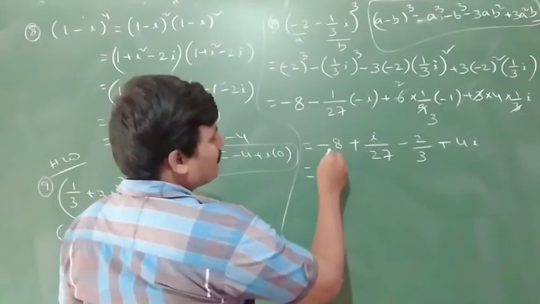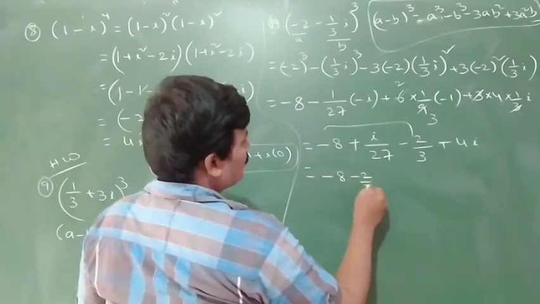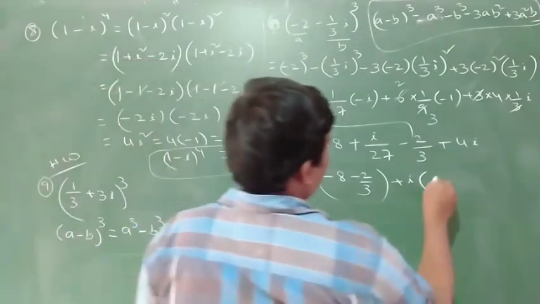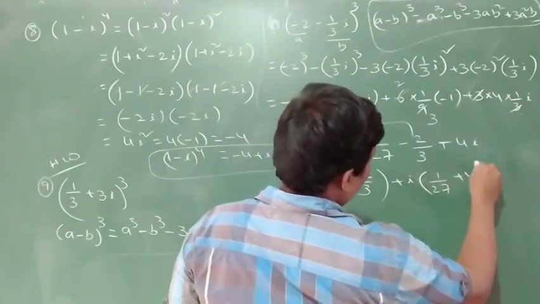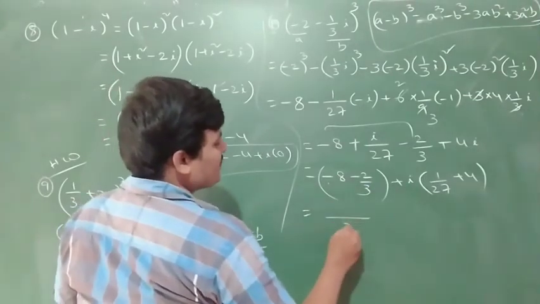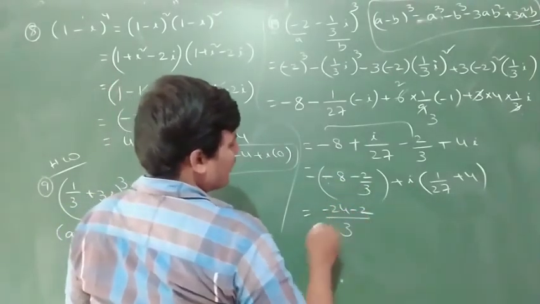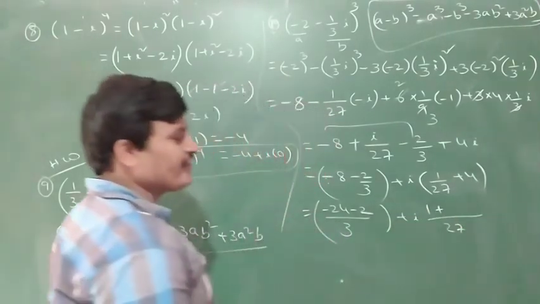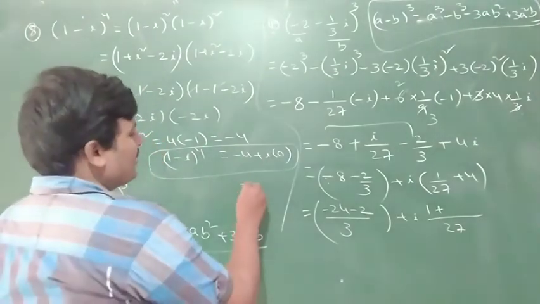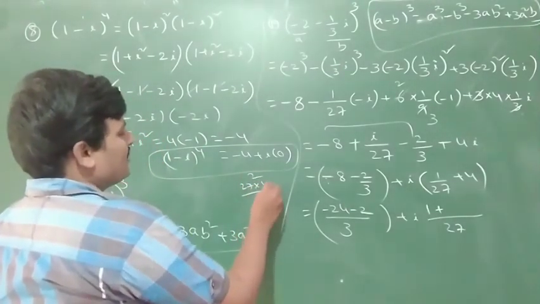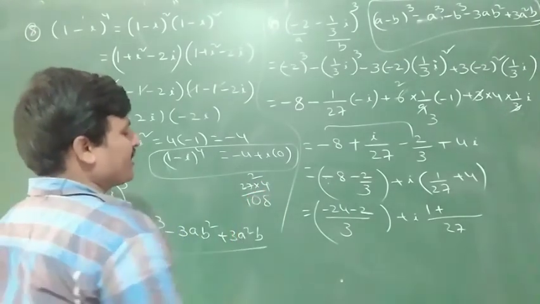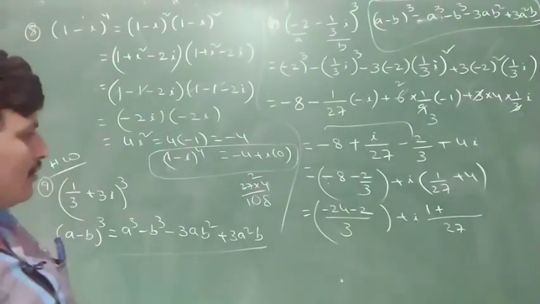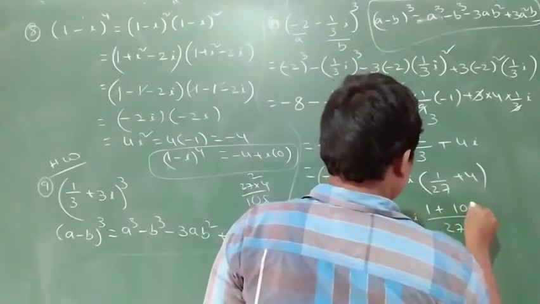So minus 8, real parts: minus 8 plus 2 by 3 on one side, plus i common, means 1 by 27 plus 4. So LCM 3: minus 24 plus 2, and plus i into, with LCM 27, 1 plus 27 into 4, which is 108, so 109.